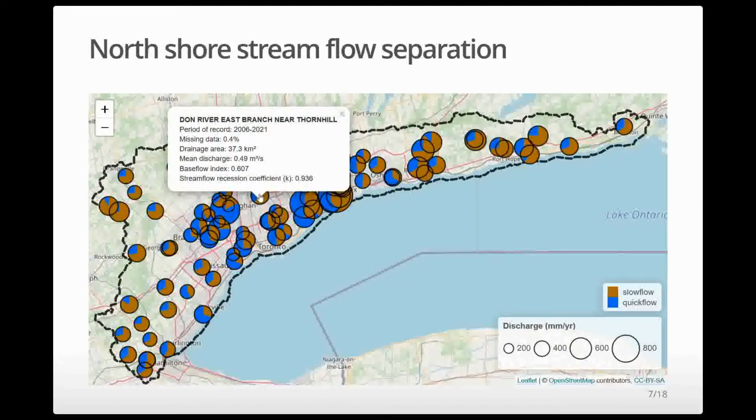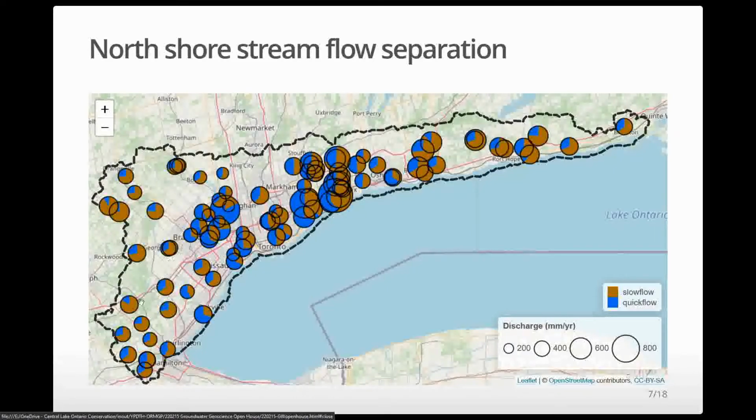Each of these stations have metadata associated with them in terms of the name of the station, period of record, the quality of the data, drainage area, discharge, base flow index, and its streamflow recession coefficient. But rather than poking around at individual stations, I'd like to look at this as a whole. And what you'll notice at first is that the size of the hydrographs, or the total discharge, tends to increase the more urbanized the watersheds tend to be, which makes sense.